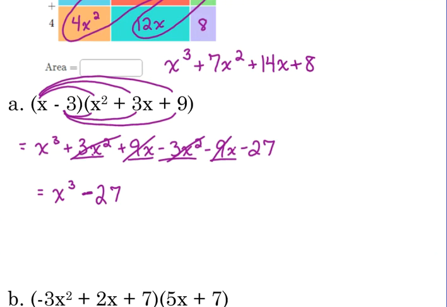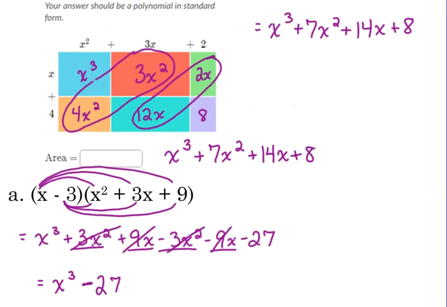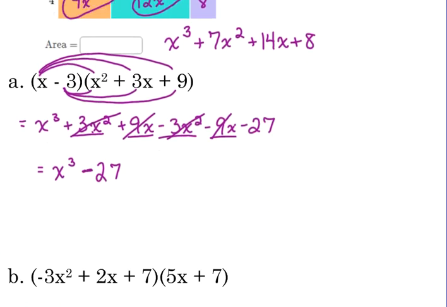So don't get totally freaked out that our answer looks so much different than the first example we just did. It is possible for all those terms to cancel and we only get the cubed term and the constant term. You're not always going to end up with 4 terms when you multiply a binomial times a trinomial. Most of the time you will, but not all the time.